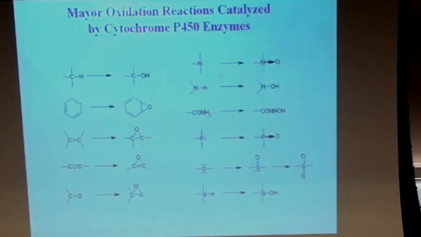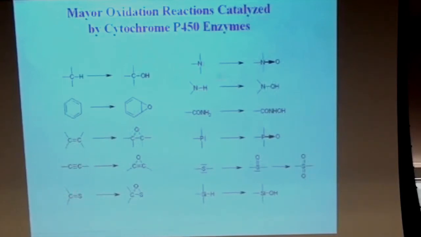But what you should remember is this. P450 enzymes are extremely versatile. They can oxidize anything you throw at them. They can oxidize tertiary carbons. Aromatic rings get epoxidized and then open to phenols. Carbon double, carbon triple bonds, carbon sulfur double bonds.